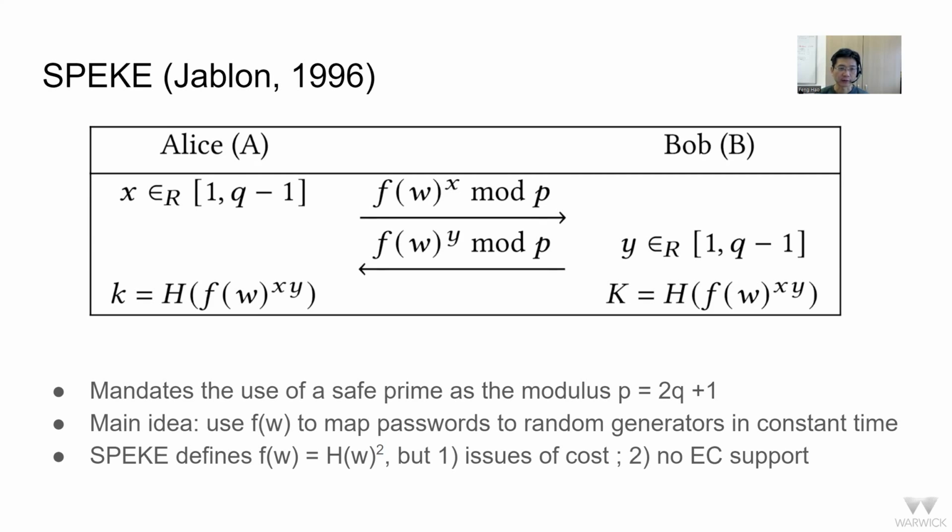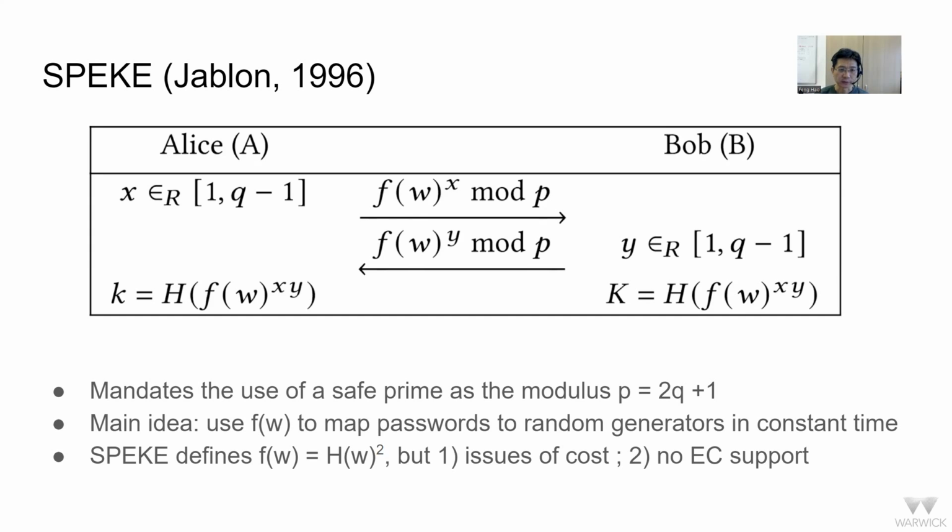So here we have another classic protocol called Simple Password Exponential Key Exchange, or SPEKE, proposed by Jablon in 1996. The key idea in this protocol is to use a mapping function, that is the F function. This function maps a password to a random generator.